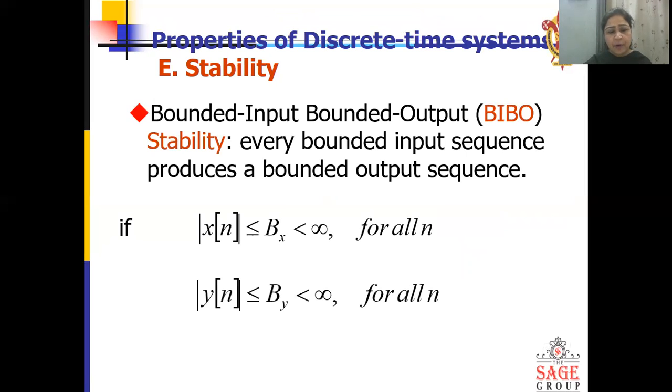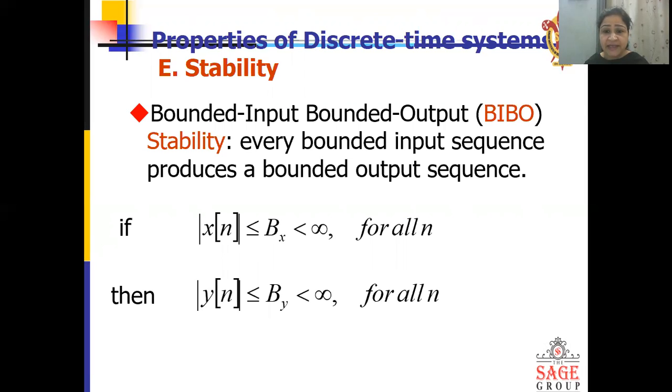Now, the next property is the stability property. A signal is a bounded input or bounded output signal if it has a finite amplitude at every instant of n. Here we will consider the BIBO stability property. That means if my input sequence is a bounded sequence, then it should produce a sequence which should also be bounded.